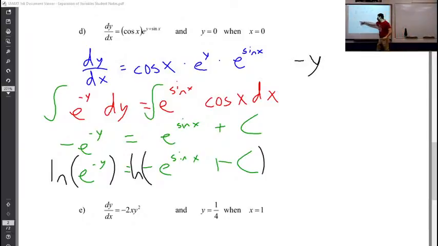So we have negative y times natural log of e, which is 1. So we have negative y times 1 equals, and then natural log of negative e to the sine of x plus c.